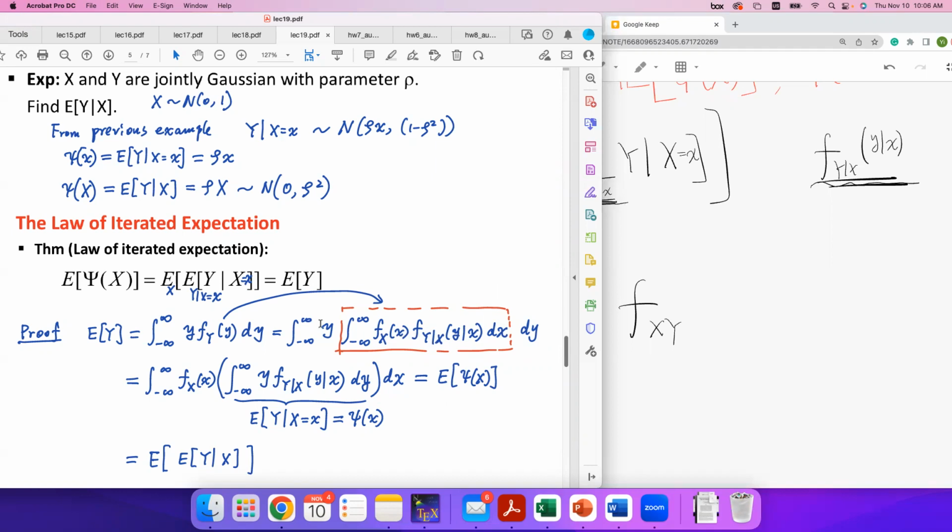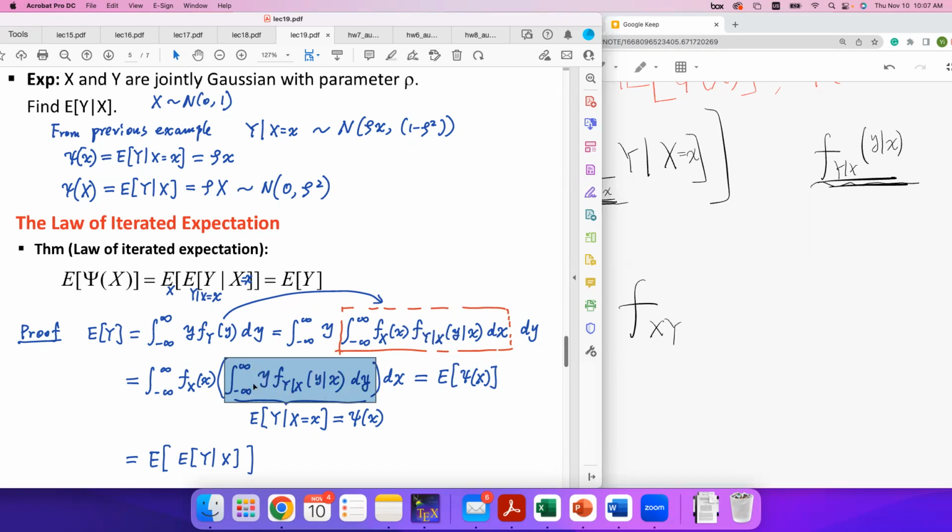So if you do that, here we were integrating over x inside. But when we exchange the order, inside we will be integrating over y first. And in this integration, we will collect all the terms that depend on y.